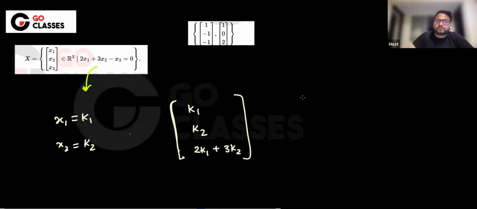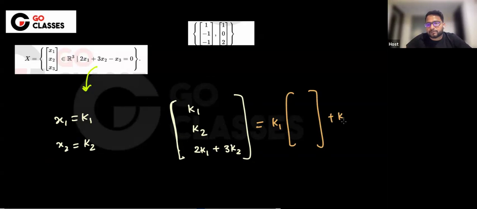Now you can just decompose this further. It will be equal to K1 into something and K2 into something. Can you decompose and let me know what will be the answer? In place of K1 you can write 1, 0, 2, so 1, 0, 2. In place of K2 you can write 0, 1, 3, since K1 will be 0 and just K2 will be 1, 3.